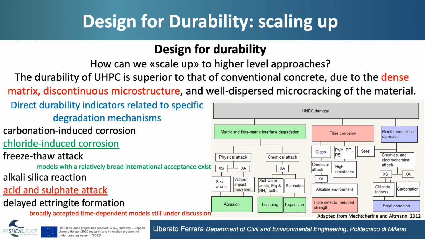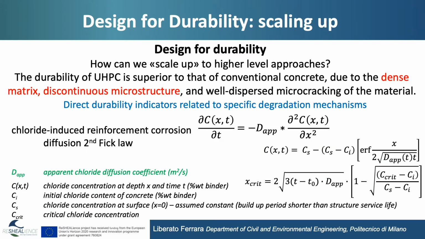For example, for corrosion, we know that the diffusion of the chlorides into the concrete is governed by the second Fick law of diffusion, which relates the derivative over time of the concentration of chlorides at a certain depth and a certain time to the second derivative with reference to a space dimension. This is for a unidimensional mechanism, and to an apparent diffusion coefficient.